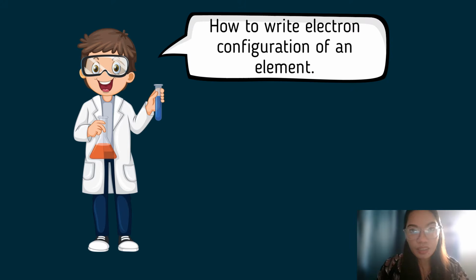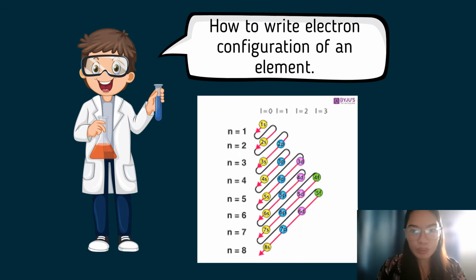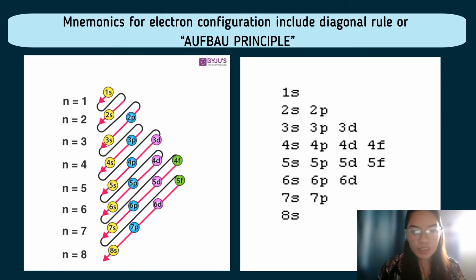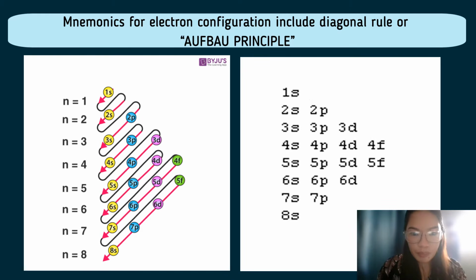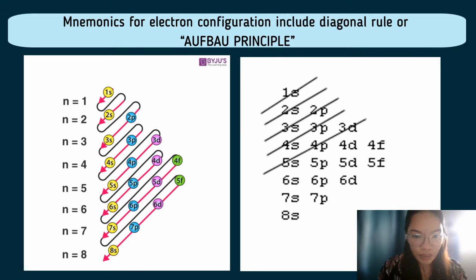How do we write the electron configuration of an element? Here, we will use this mnemonic to guide us. It is also known as the Aufbau principle, wherein you can see the arrows here.